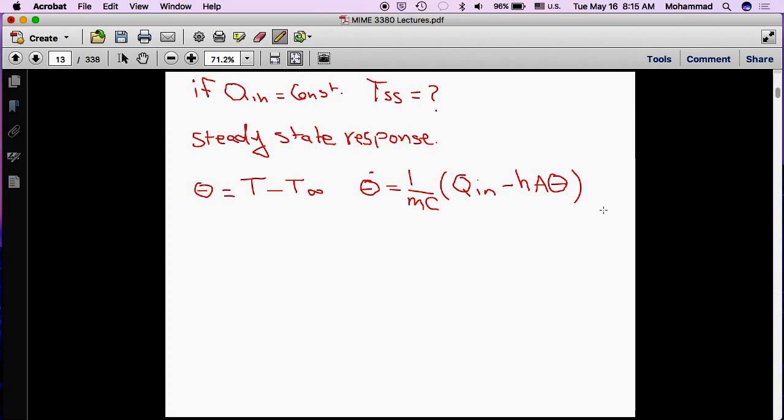So let's go back to what we are doing here, which is finding the steady state response if Qn is constant. For finding a steady state response, or equilibrium, we put theta dot equal to 0.